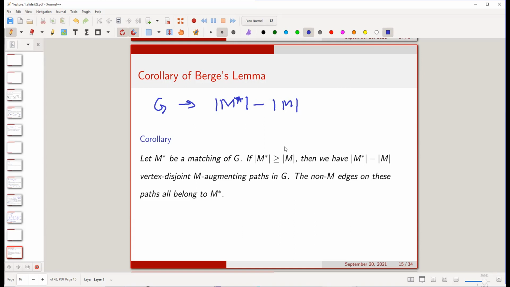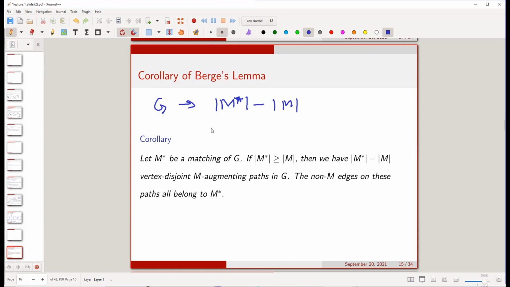Anybody want to suggest how we can solve this one? We have to use Berge's lemma.